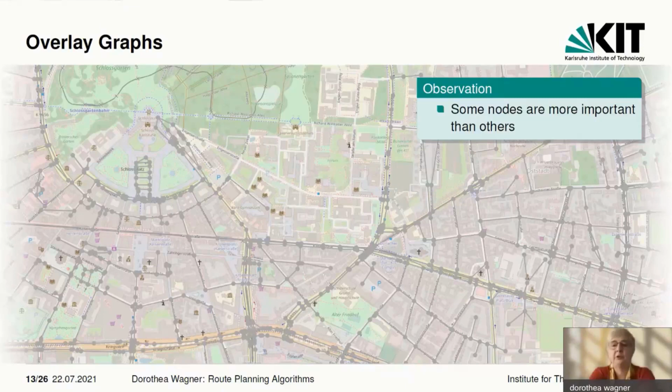And in an abstract graph where we want to compute shortest paths, nodes that lie on many shortest paths are of importance, but where they come from, that's something we maybe have an intuition for, but we can't say much more about this at that point.